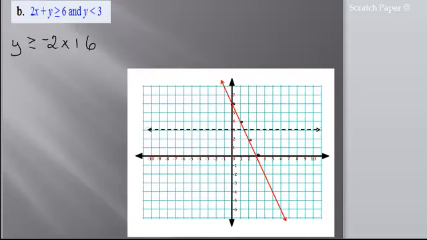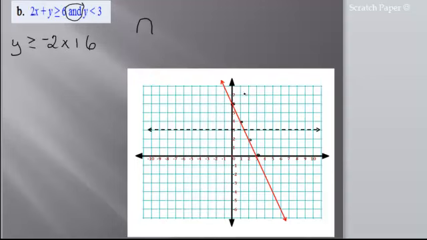Now we go back to the original problem and we look at the word joining the two inequalities. That word is and. Since it's an and, we want to create an intersection. That means we only want what's in common between those two inequalities.